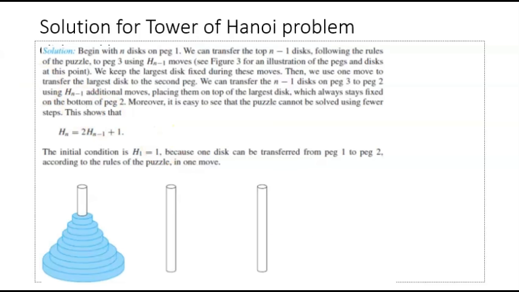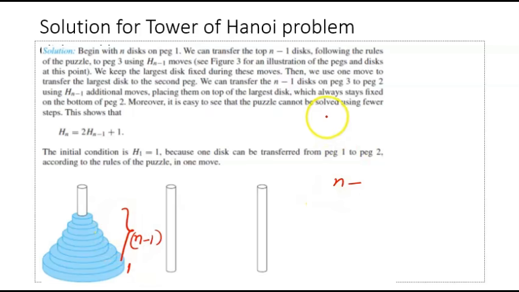Suppose the total number of disks is n, and I am going to divide them into 2 parts. One is the largest disk, that is 1 disk, and over it we have n minus 1 disks.